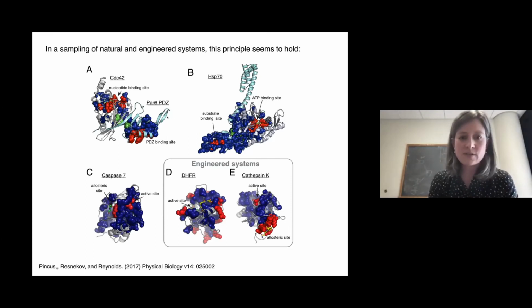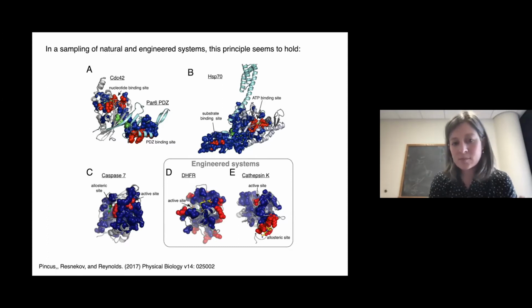Okay, and in a sampling of natural and engineered systems, this principle seems to loosely hold. Here I'm just showing a handful of examples. For example, in CDC42, you can see that the nucleotide binding site here in red is connected through the protein interface to the PDZ binding site by this sector connection. In HSP70, a chaperone, we again see a sector that seems to connect the ATP binding site, which is the allosteric modulator, to the substrate binding site over here.